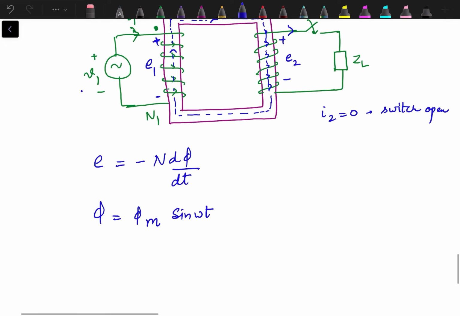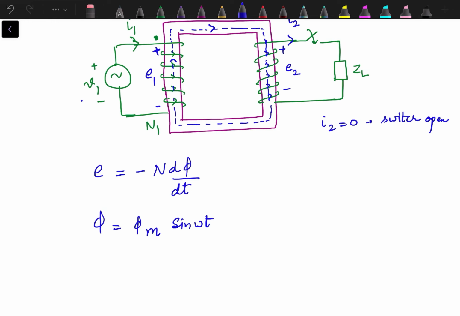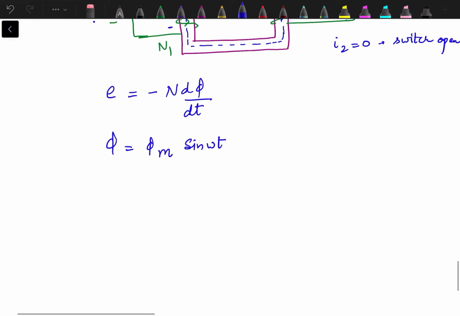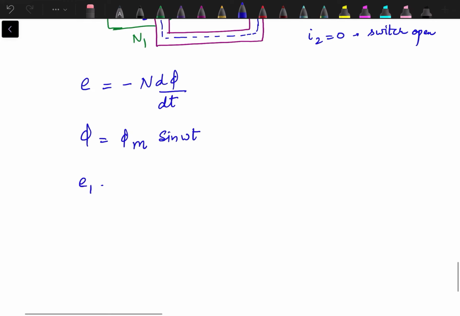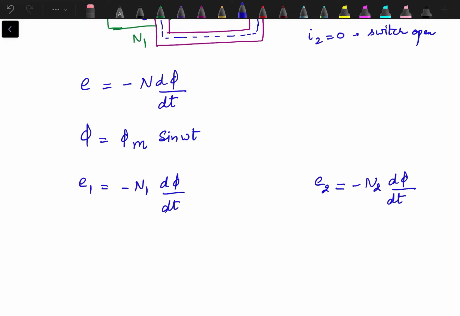So we can find out value of induced EMF in the primary as well as in the secondary coil. In primary, E1 will be equal to minus N1 d phi by dt, and E2, the induced EMF in secondary, will be equal to minus N2 d phi by dt.